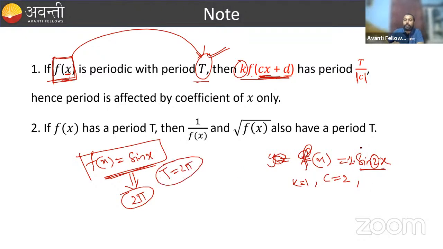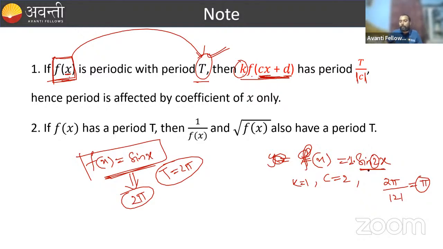Then the period of sine 2x will be 2 pi upon the coefficient of x, that is mod of 2, which is pi. ठीक है, clear?